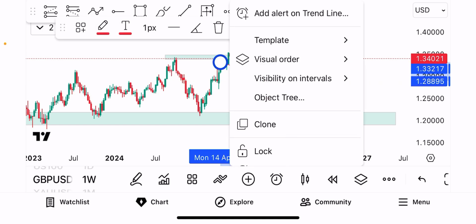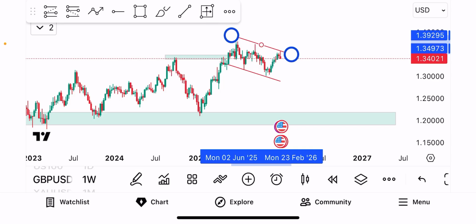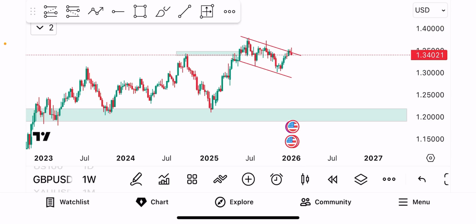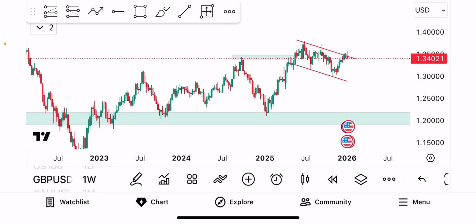So we can also see this. All right, so from the weekly time frame, after the market had a structural high, we see that it is moving in a channel. The pullback that is coming after the impulse is in a channel form.